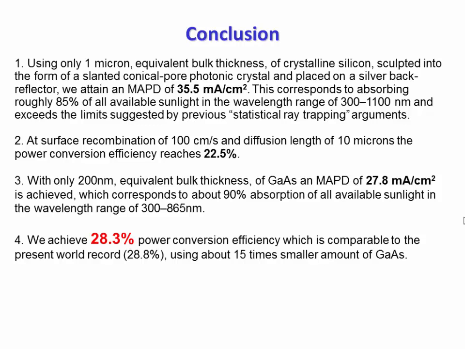For gallium arsenide, using only 200 nanometers equivalent bulk thickness, we achieved a MEPD of 27.8 with power conversion efficiency of 28.3%, which is comparable, as I said before, to the current world record, using only 15 times smaller amount of gallium arsenide. Thank you very much.